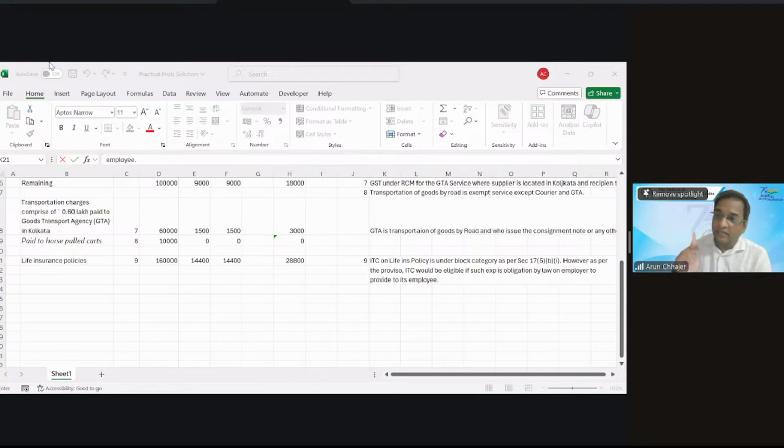Now, if you go to other laws, like the Motor Vehicles Act, then you will find the difference and interpretation of the consignment note. But prima facie, in GST they have only used two words. Sorry, I saw your question very late, so I'm giving the answer very late.